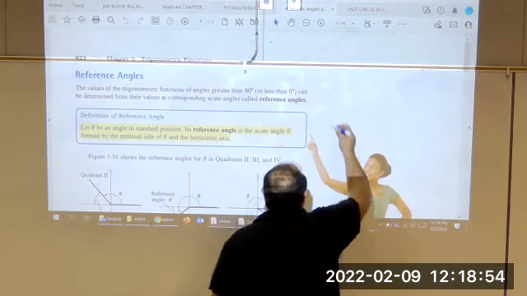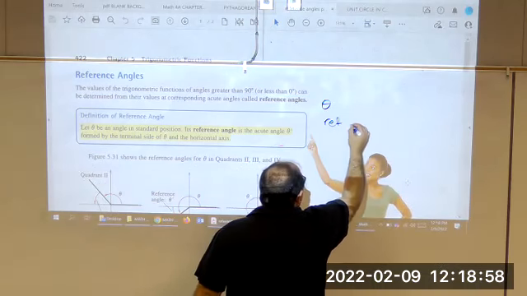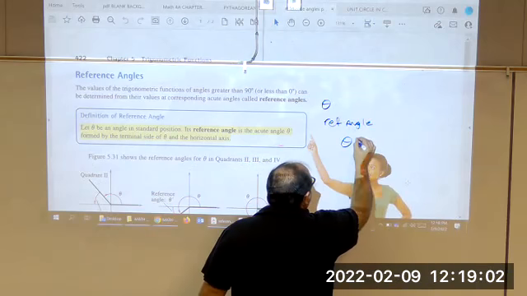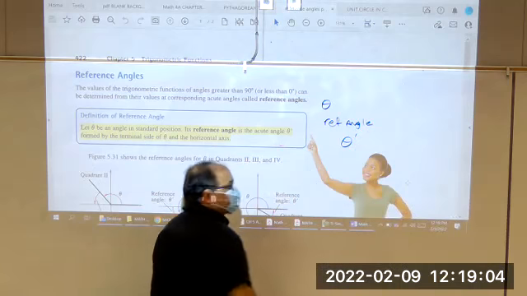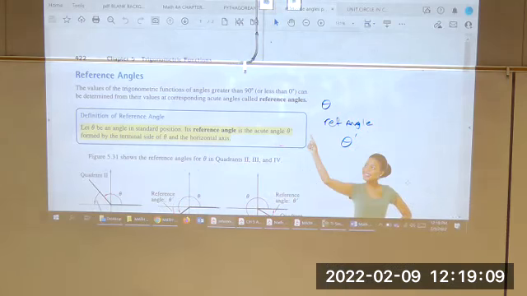So the given angle, you have some angle theta, who knows what it is. The reference angle is theta prime. Okay, prime, like back to the beginning. And that reference angle is going to take us back to quadrant 1 where we know everything by heart.